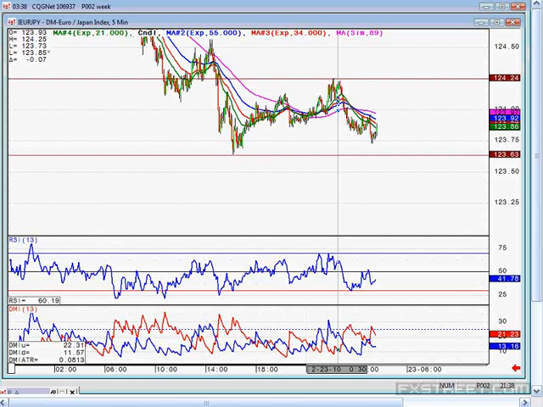The euro is trading at 136.10. When the euro strengthens and the dollar yen is also strengthened, then you don't see a big move happening on the euro yen, because when both are moving in the same direction, it's like a tug of war. So you don't see a big move happening on the euro yen.